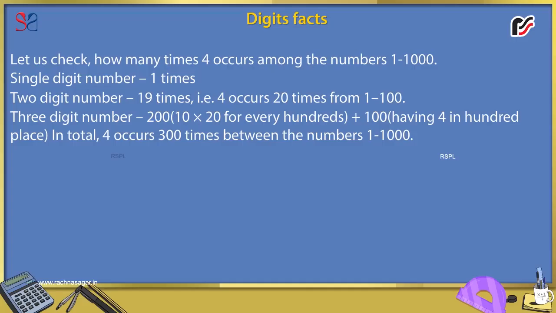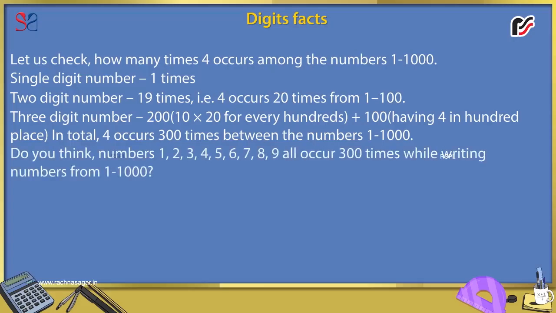In total, 4 occurs 300 times between the numbers 1 to 1000. Do you think numbers 1, 2, 3, 4, 5, 6, 7, 8, 9 all occur 300 times while writing numbers from 1 to 1000?